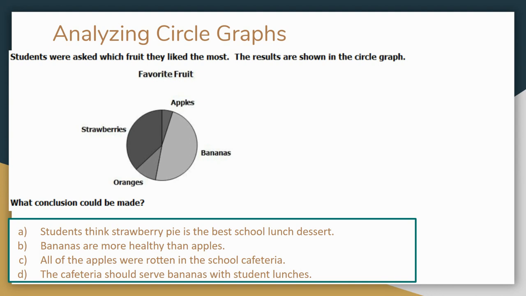B, bananas are more healthy than apples. C, all of the apples were rotten in the school cafeteria. Or D, the cafeteria should serve bananas with student lunches. So we want to read through those and think, which one makes sense? Which one can we prove based on our graph that we have? So take a second, see if you can figure out which one would be the best conclusion.